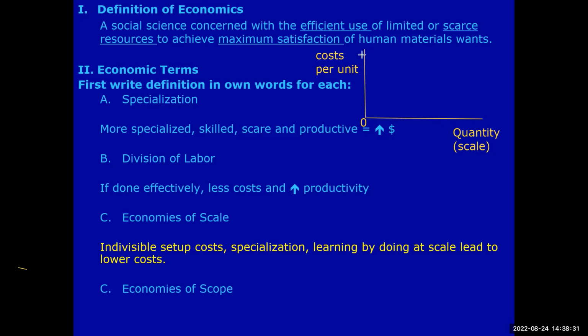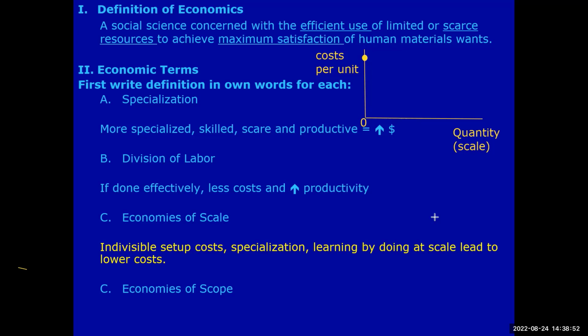Then draw a dot right here. Those three words you just wrote are three phrases: learning by doing, specialization, indivisible set of costs. What does that dot represent? Use your logic here. What does that dot represent?